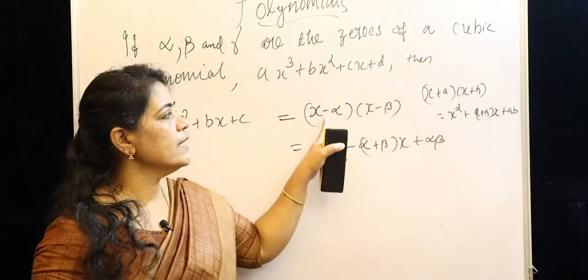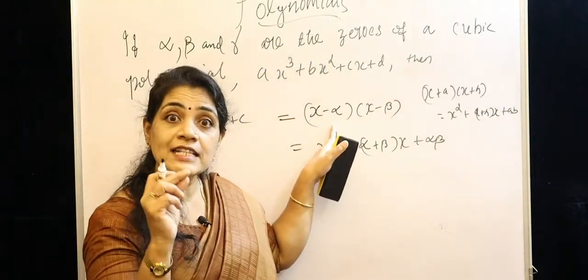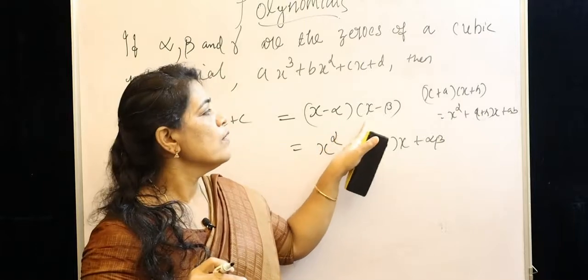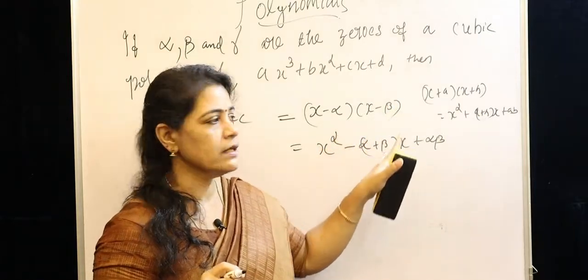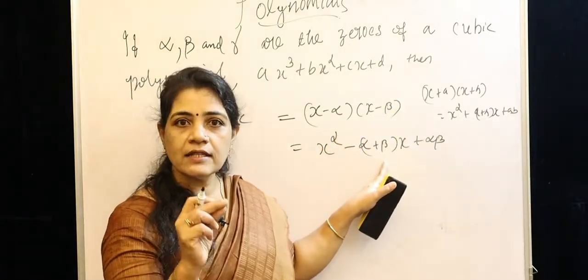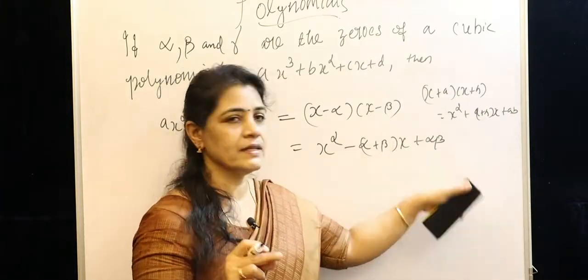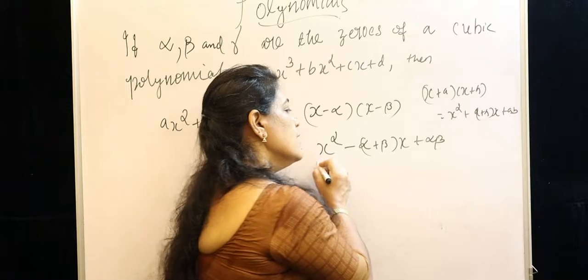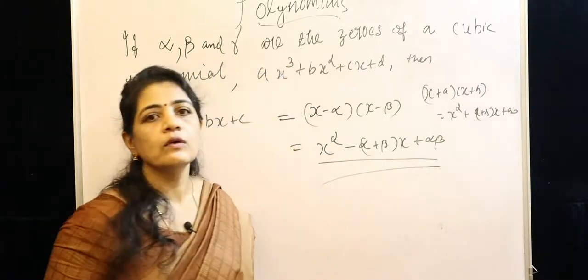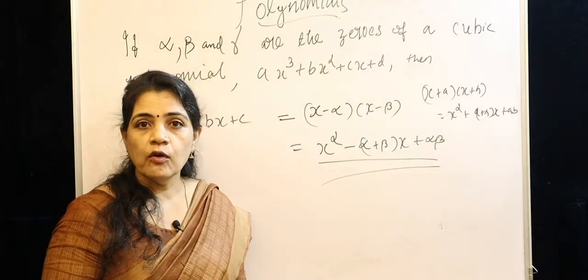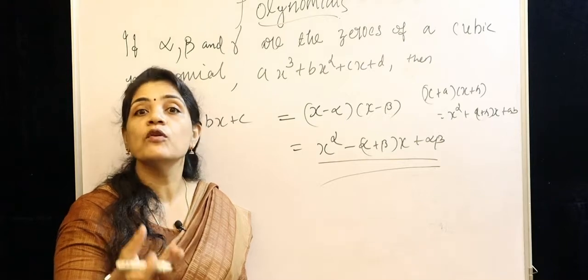So this can be written in the form x minus alpha, x minus beta. So you can easily reach x square minus alpha plus beta into x plus alpha beta. This is the formula to write down a quadratic polynomial if we know the sum of the zeros.